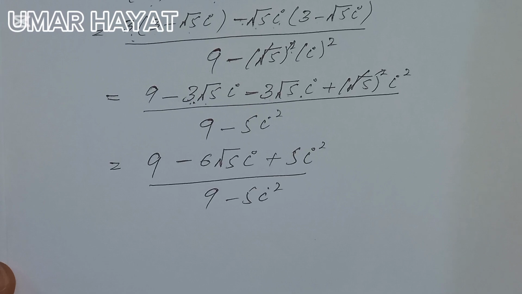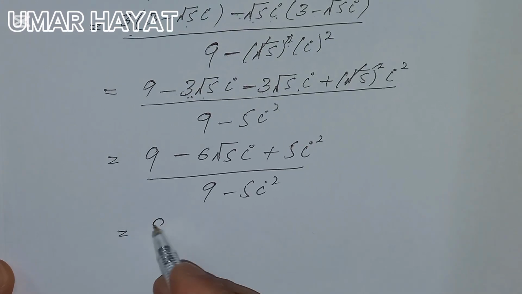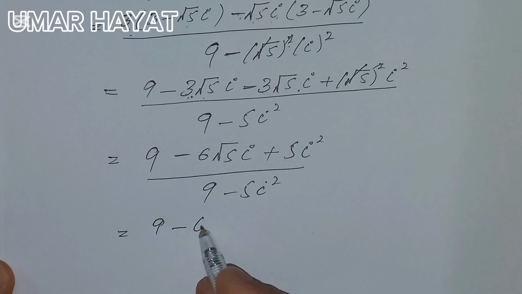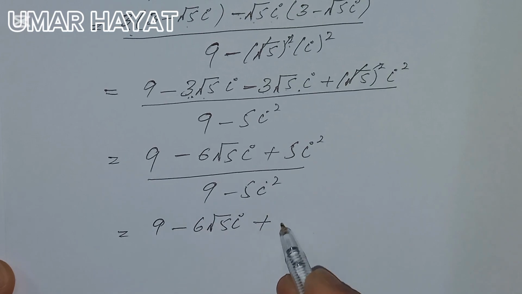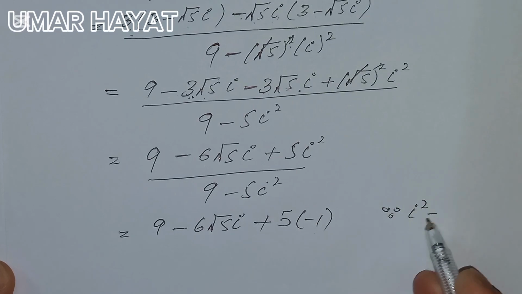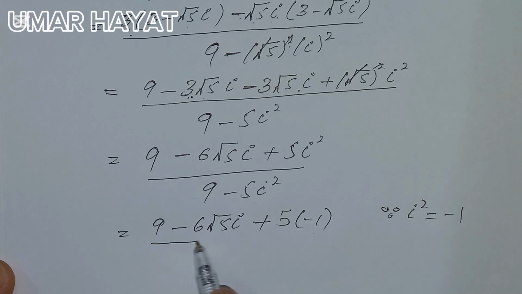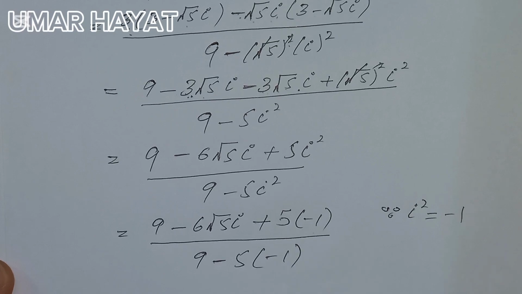Now we know that iota square is equal to minus 1. Therefore 9 minus 6 under root 5 iota plus 5, because iota square is equal to minus 1. In denominator we also replace iota square by its value, which is minus 1.